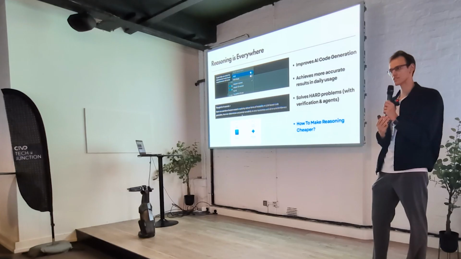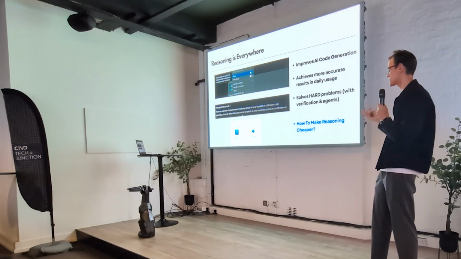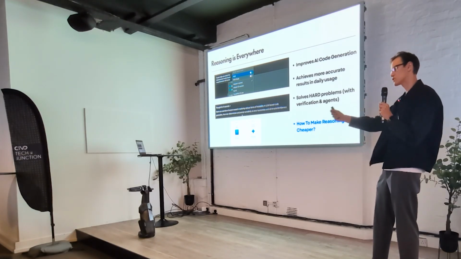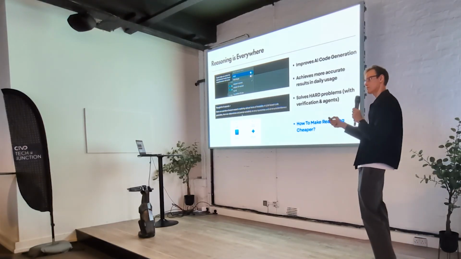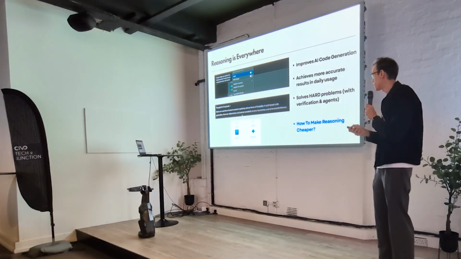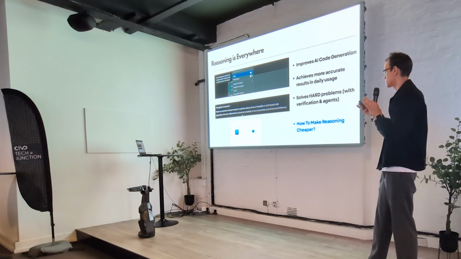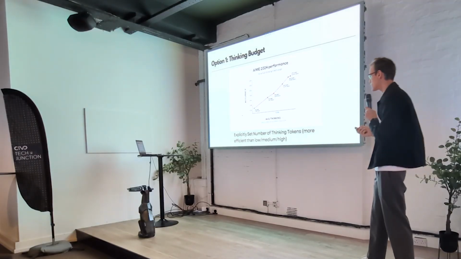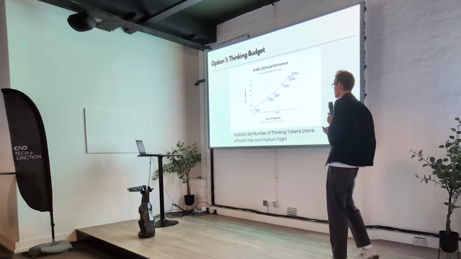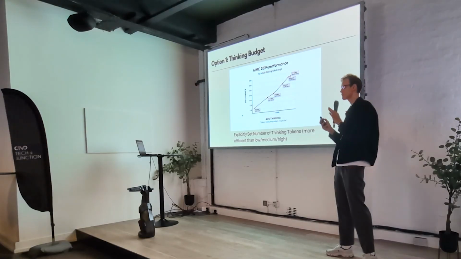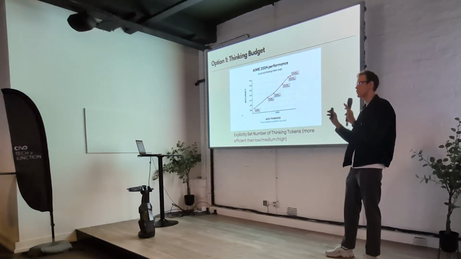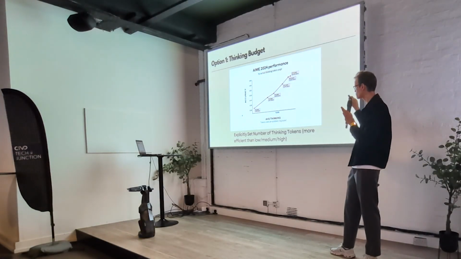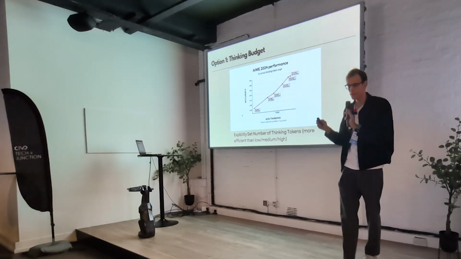And many companies are interested in cutting the costs of reasoning. Can we produce fewer tokens, but at the same time be as efficient as with a very verbose amount of tokens? Here are some options for how to do it. One is to be smart about this, in the sense that let's make it hybrid and let's allow the user to decide how many tokens the model will generate.